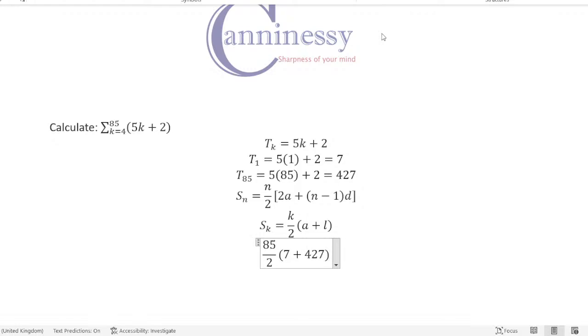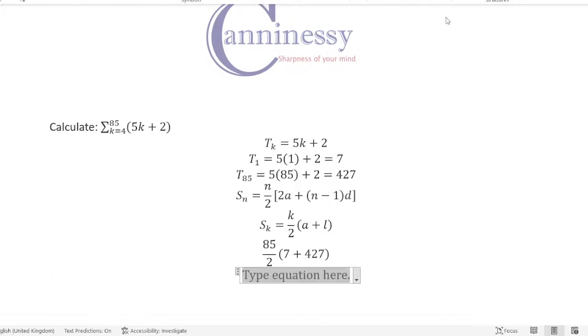All right. So our answer will be Sk is equal to 427 plus 7, that is 434, then multiplied by 85, then we divide it by 2.